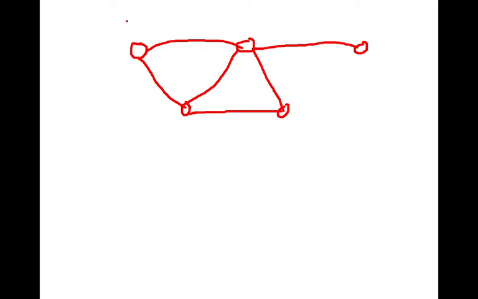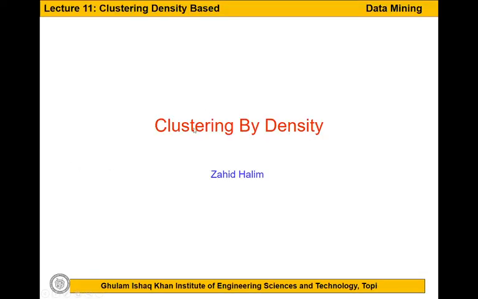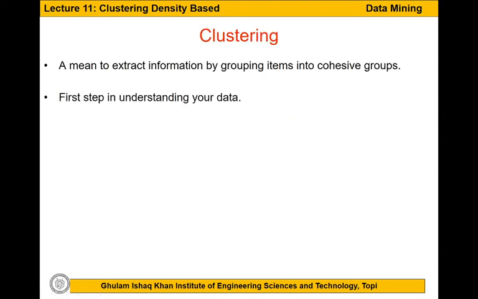So for example, there is a person, let's say named Z, who has a friend named A and another friend named Y. Since they are friends, they are connected with each other, right? So this is how a graph is represented generally, right? So the density-based clustering algorithm is based upon the notion of graphs.